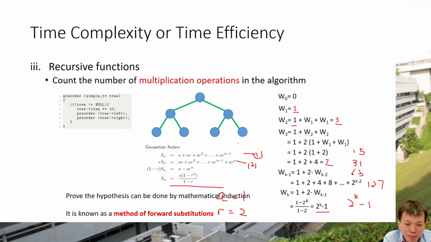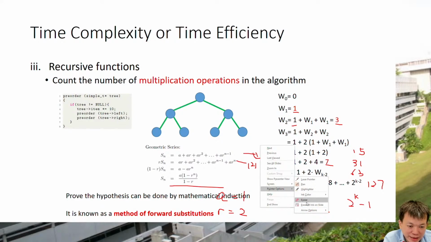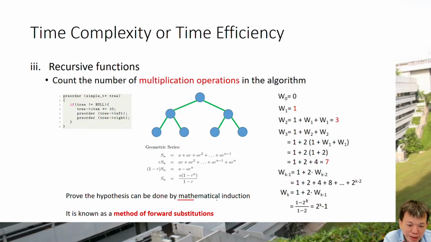Of course, the proper way, actually I already skipped one step. You're supposed to use mathematical induction to prove that. When the base case is true, then k minus 1 is true, then Wk is true, then this is always true.